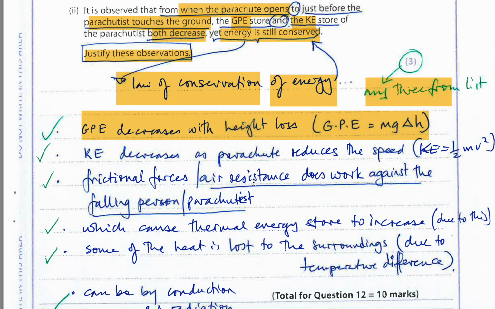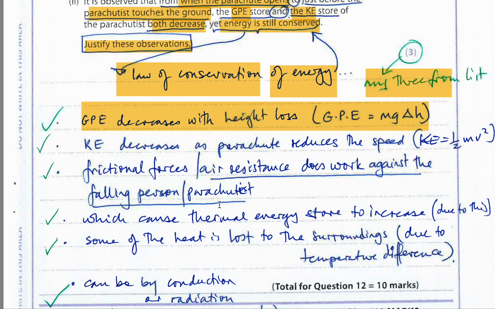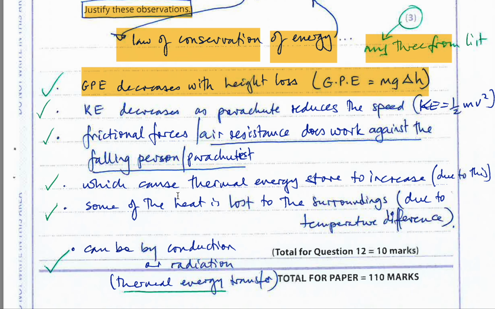The frictional forces, air resistance, do work against the person falling, the parachutist, which causes some thermal energy to be built up, to increase. So thermal energy will increase whenever there's any resistance, friction, etc. Remember, air resistance is a type of friction.